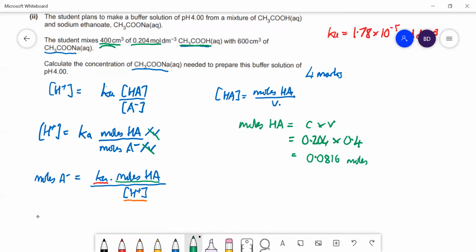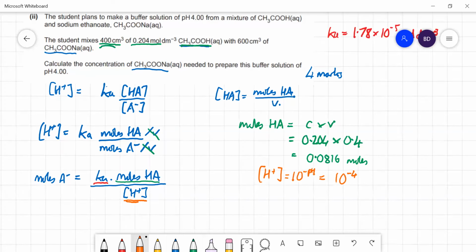Right, now let's work out the concentration of H+ here. H+ is equal to 10 to the power of minus pH. That's equal to 10 to the power of minus 4. pH 4 is the pH of the buffer. Let's put those numbers in to work out our moles of A minus then.